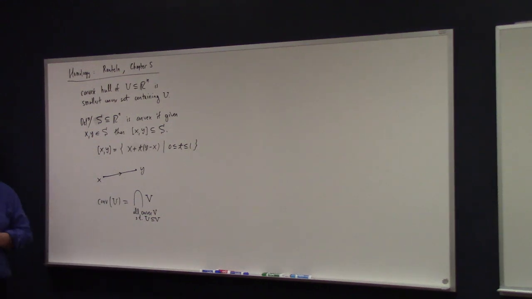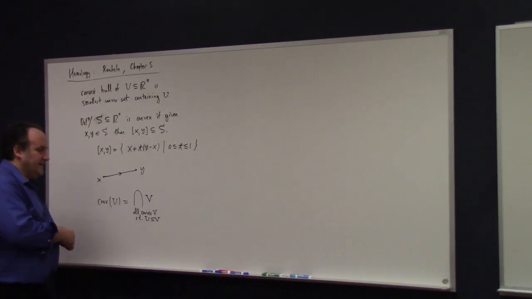You could define the span in a similar fashion in linear algebra. I don't usually do that, but you could. The span of a set of vectors is the intersection of all possible subspaces which contain said vectors, which means the span of a set inside a vector space is the smallest subspace which contains it. The convex hull is defined in that same way.